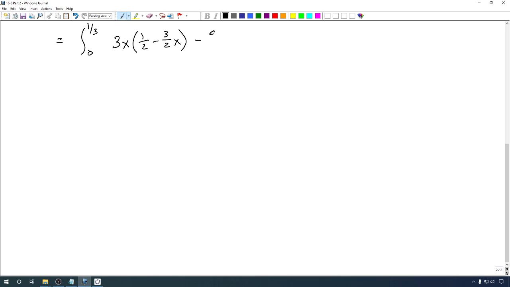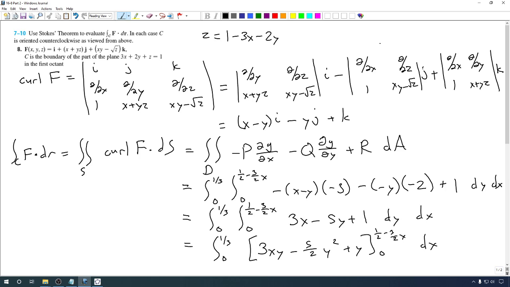We have minus, wait, I'm getting a little ahead of myself, not to that yet. We'll have a 5/2 times 1/2 minus 3/2 x squared. And then we have a 1/2 minus 3/2 x, where we basically just replace all the y's with that form.